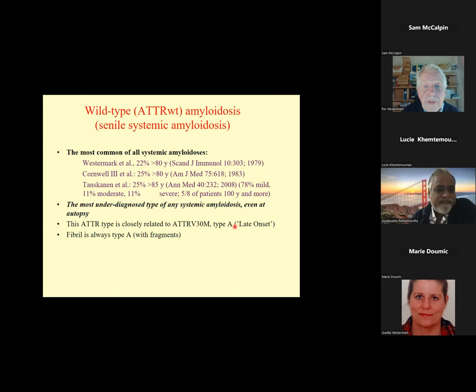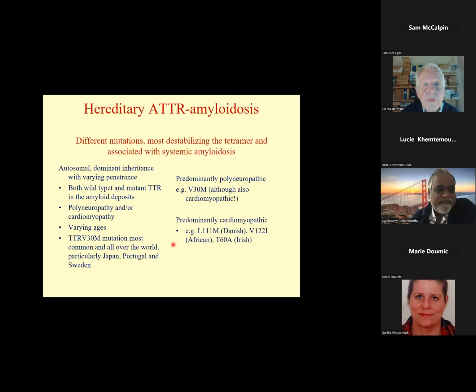I'm coming back to type A and type B soon here. Hereditary ATTR amyloidosis, on the other hand, shows many different mutations, and almost any mutation in the TTR gene creates forms of TTR amyloidosis.